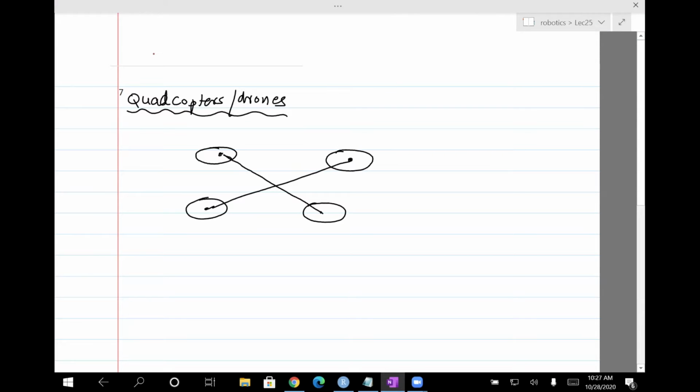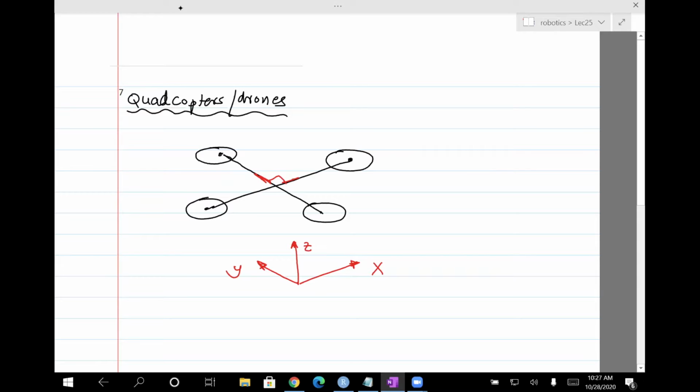What I am showing is actually a 3-dimensional object on a 2-dimensional surface. The way I've shown this for this particular quadcopter is that this is going to be the x direction, and then the y direction is along the other line. So basically this angle is 90 degrees, and then z is going to point upwards, right?